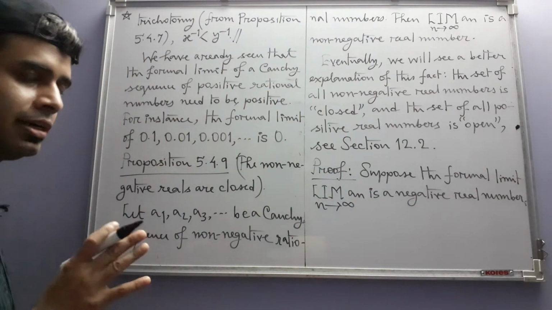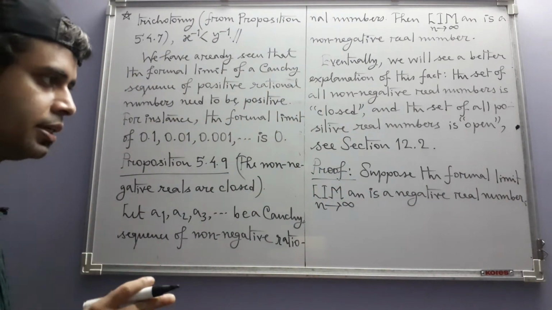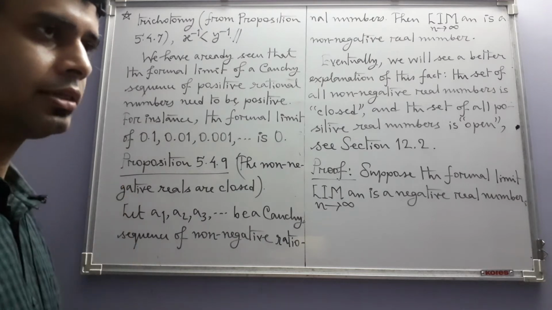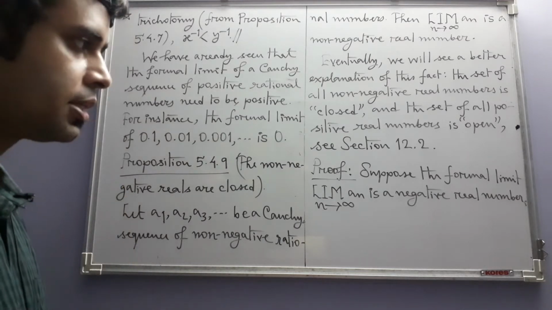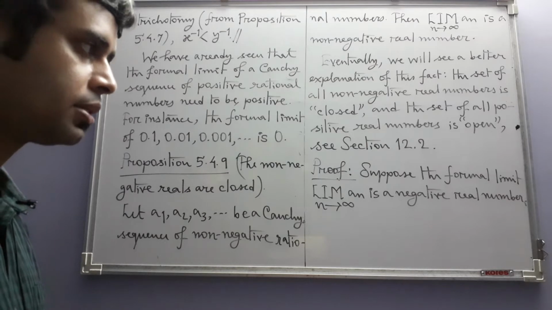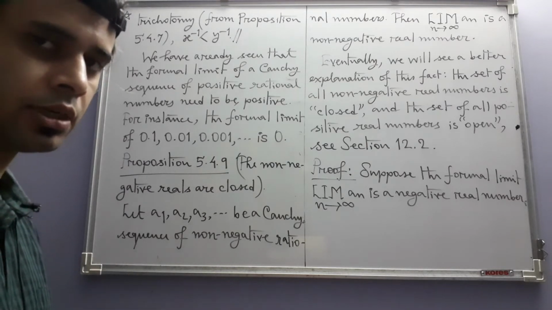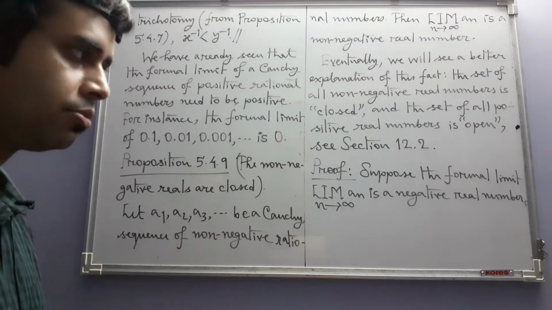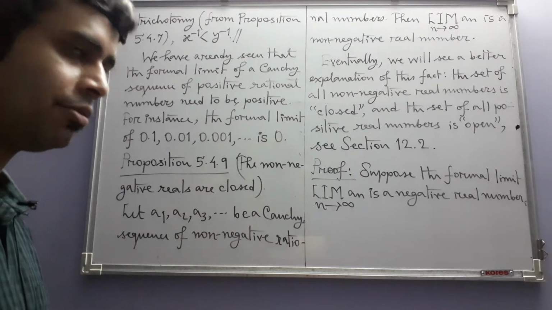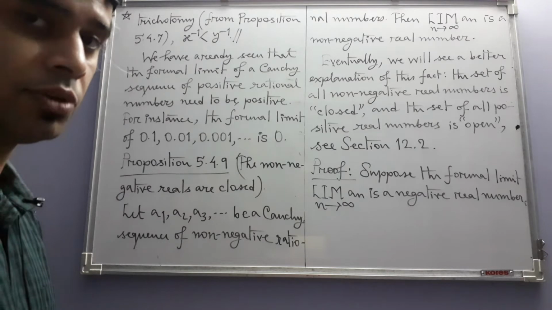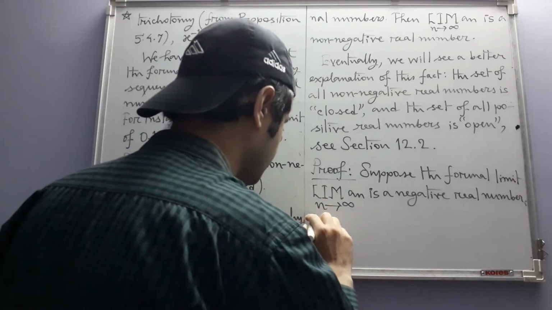But what is the definition of a real number being negative? When do we say that a real number is negative? Precisely when the real number appears as the formal limit of a Cauchy sequence of rational numbers that is negatively bounded away from 0.